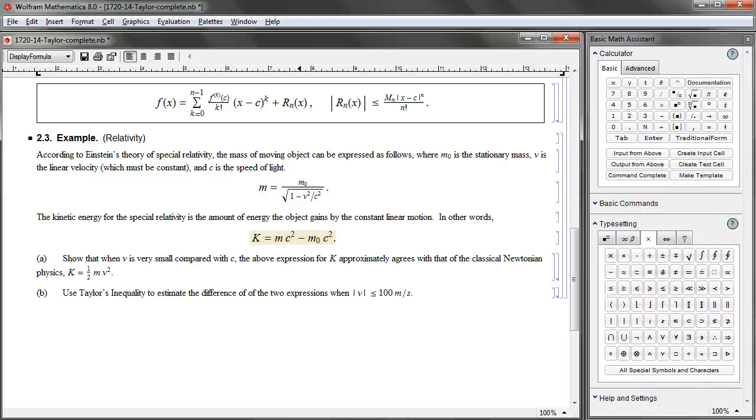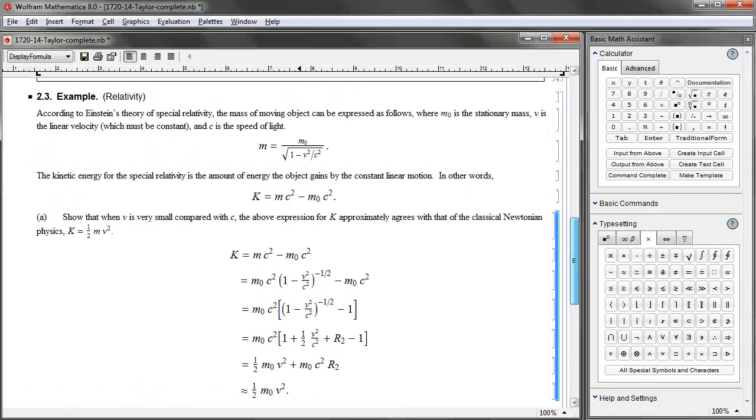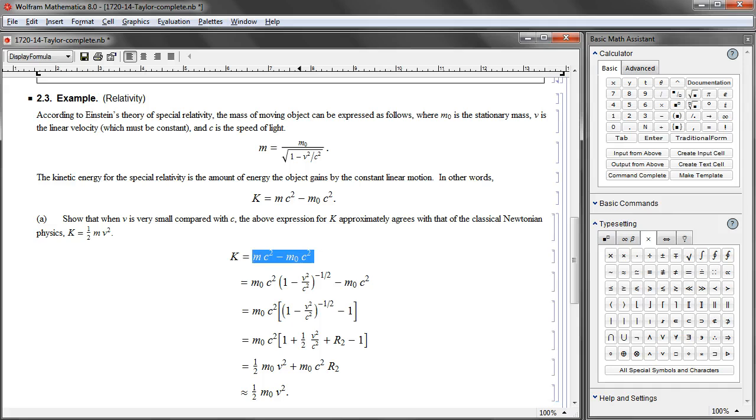And let's estimate kinetic energy like this. mc squared minus m0 c squared. And then for mc squared, well, this m is nothing more than m0 times this factor, 1 over the square root of 1 minus v squared over c squared, this one over here. And if we use Taylor approximation to approximate this thing, then we can take the first two terms and get a polynomial, and this is going to be the remainder.